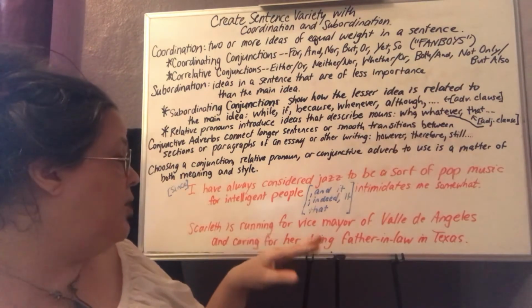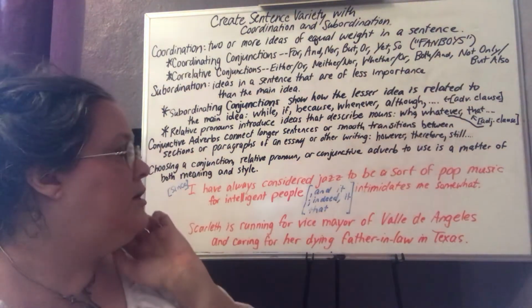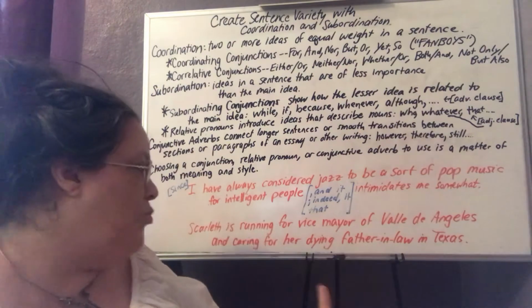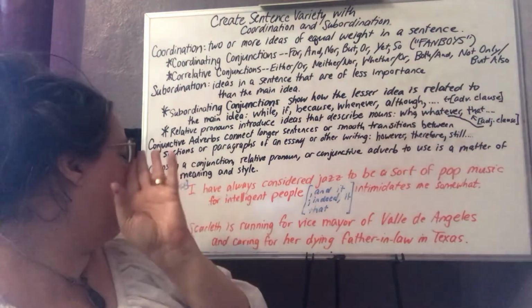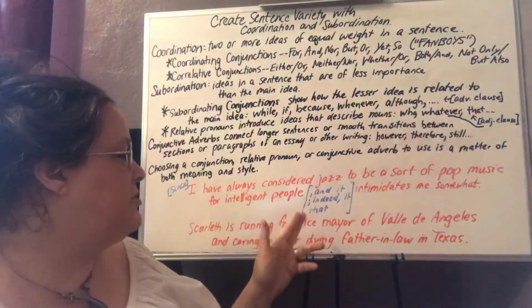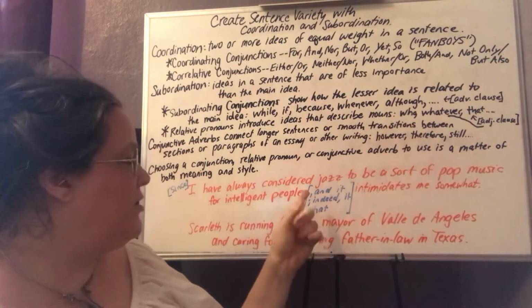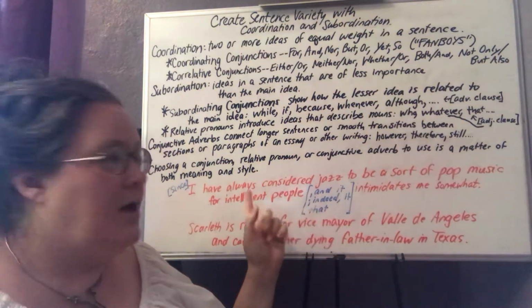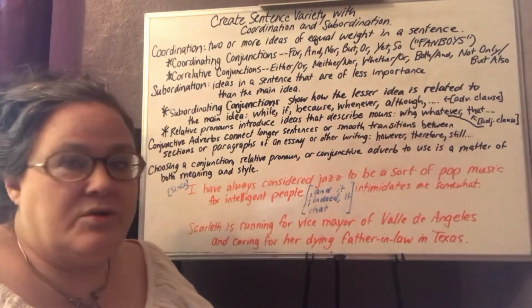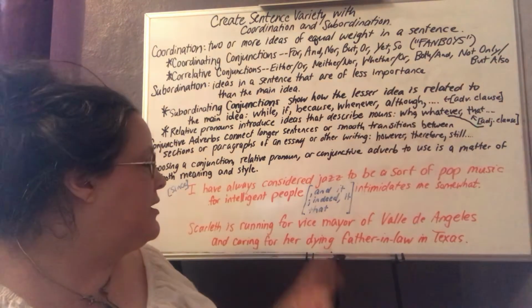So here are a couple of pairs of sentences that can be joined in one of these ways. I have always considered jazz to be a sort of pop music for intelligent people, and it intimidates me somewhat. First choice there is a coordinating conjunction. Again, you have to have a comma right before the coordinating conjunction if it's joining two sentences, like it is here.